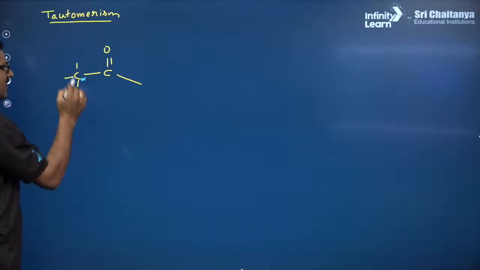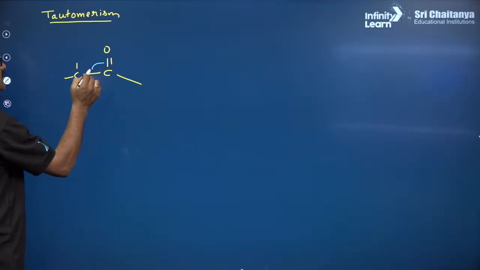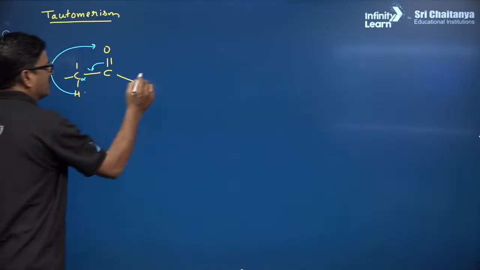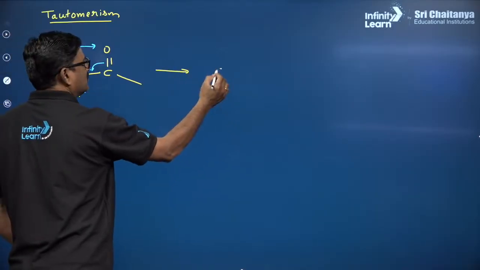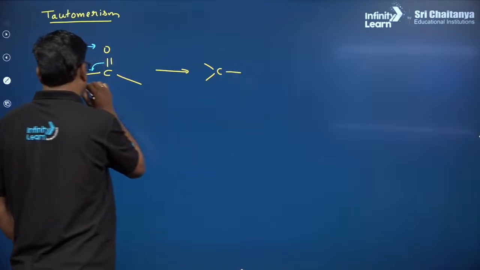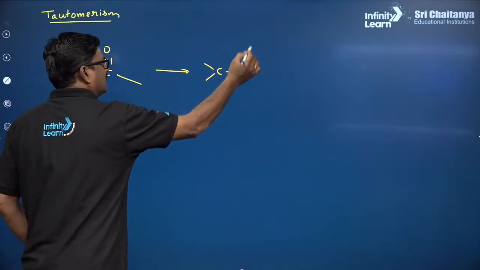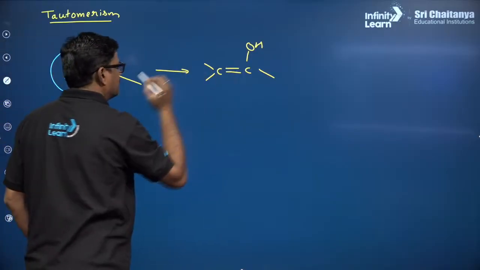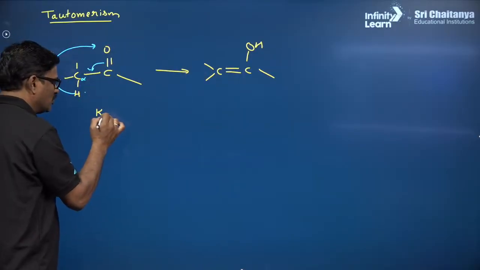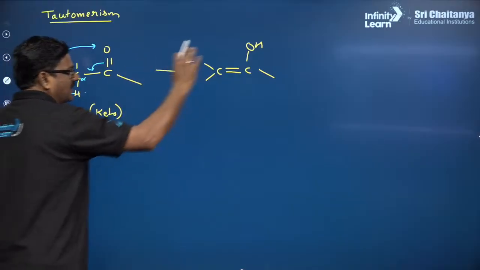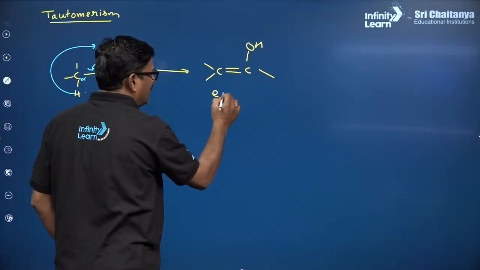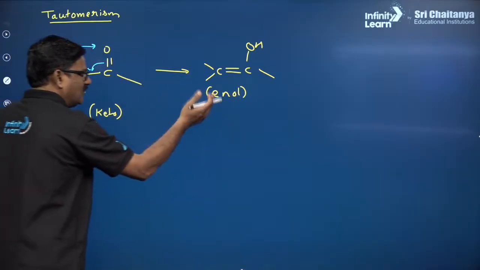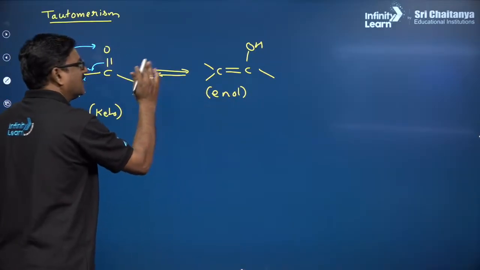So this alpha hydrogen is shifted from here to here. As a result of this, you are going to see another functional group. This hydrogen is shifted and a double bond is formed. So this appears as the keto functional group, and this double bond with alcohol is called enol. So the interconversion of keto to enol form and enol to keto form is in dynamic equilibrium.